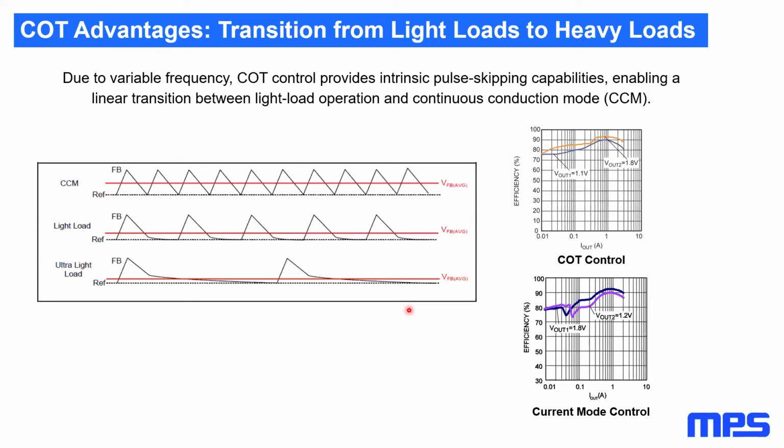This means that as the current increases, the flow from operating in light load to heavy load operation doesn't require a change in the way that we control the circuit, which can occur in current mode control. This can generate, at certain operating points, a droop in efficiency due to the converter moving between both these control methods. Whereas here, as you can see, it's a very smooth progression in the efficiency.